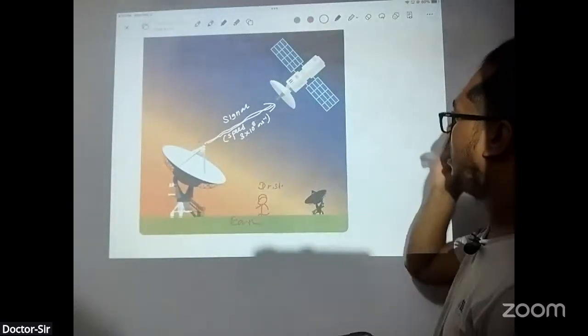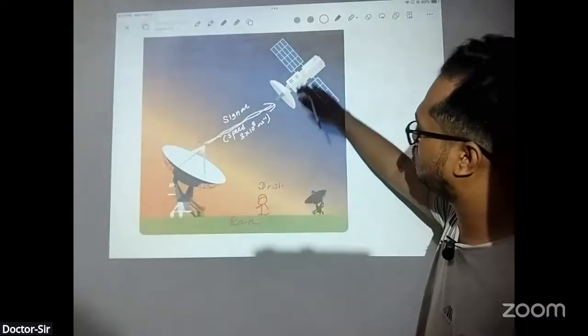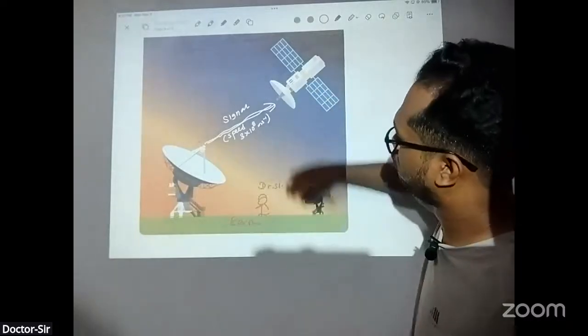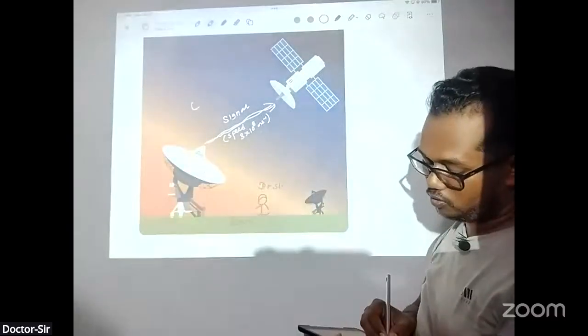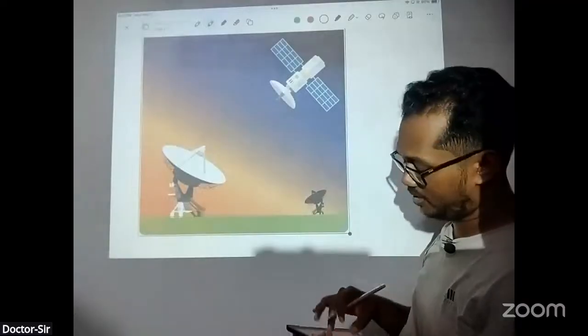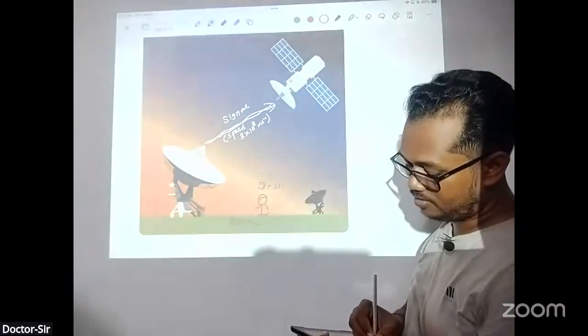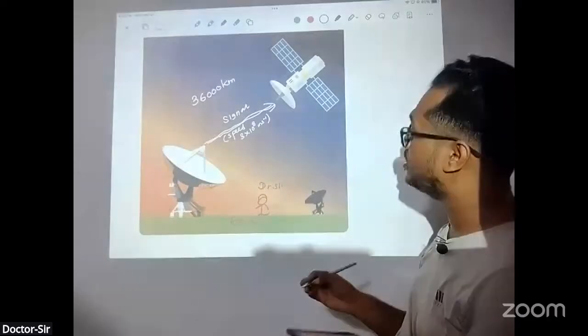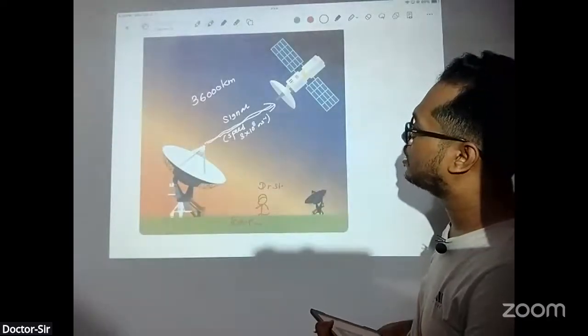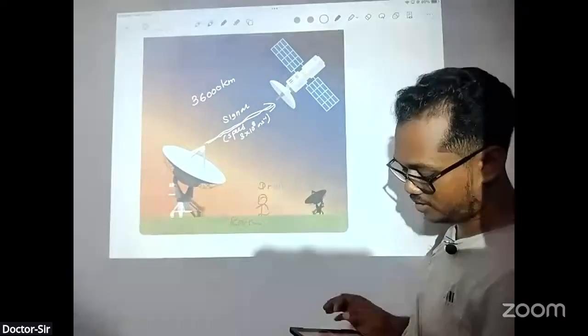How much height is there here? So the length or height is how much? 36,000 kilometers. Now they are asking from this question.